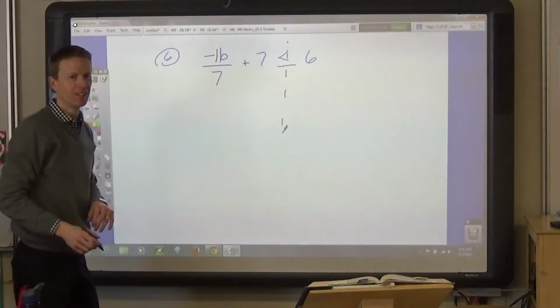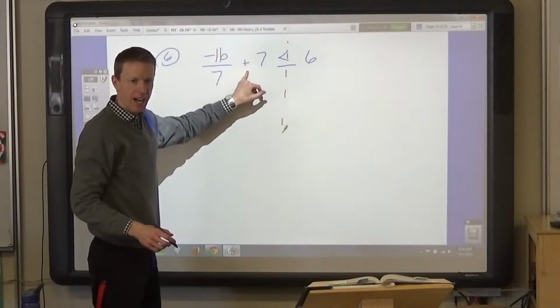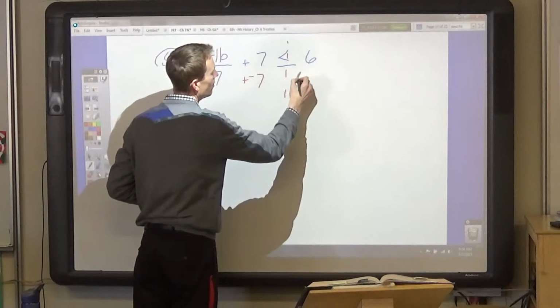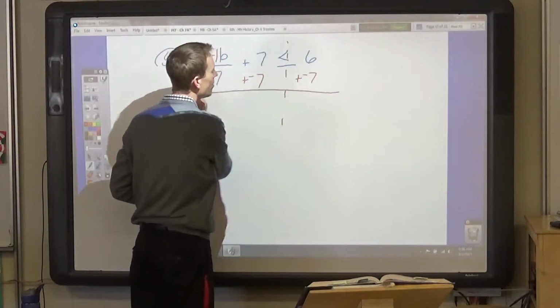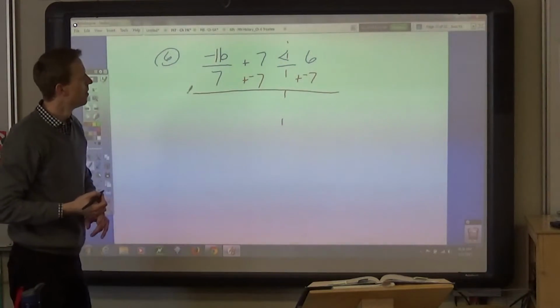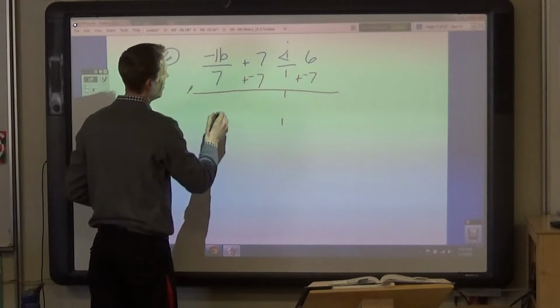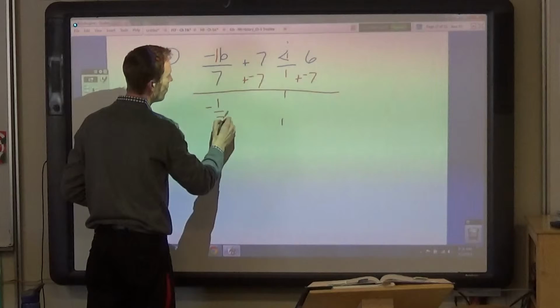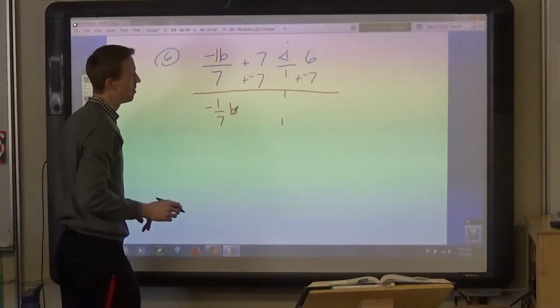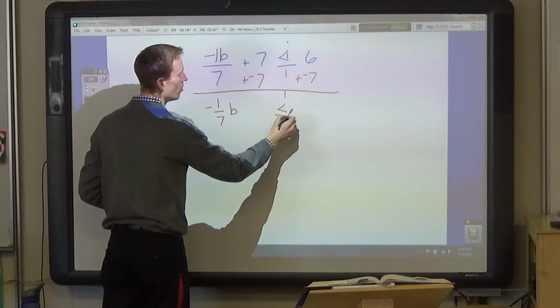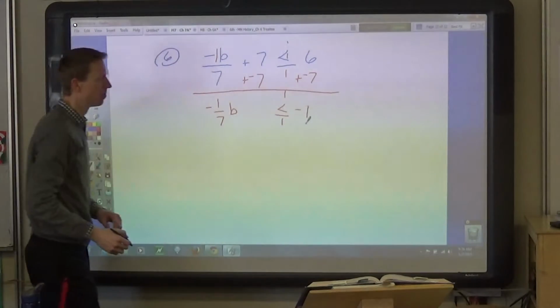First, add what? Negative 7. Add negative 7 to both sides. Go ahead and work this out. Now, negative 1/7 b is less than or equal to negative 1.